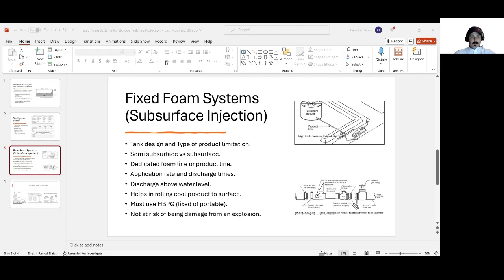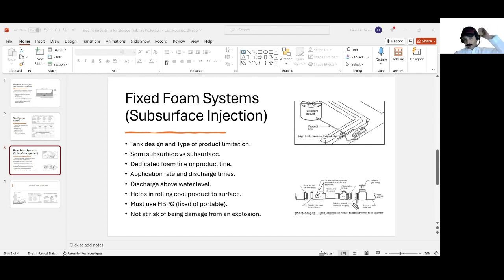So this system is not at risk from damage, as opposed to the top injection system or the rim seal fire protection system, which is located at the top of the tank. When the explosion happens, there is a possibility that such systems will be damaged. Then the emergency responders will be forced to use a manual application of foam, which is the subject for another video, a coming video.